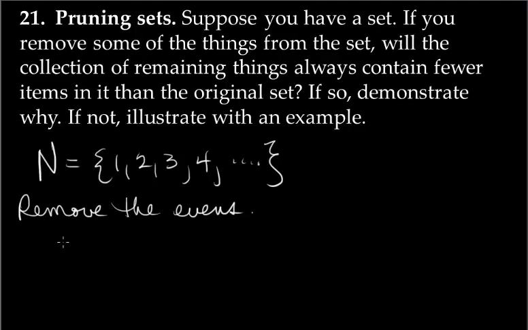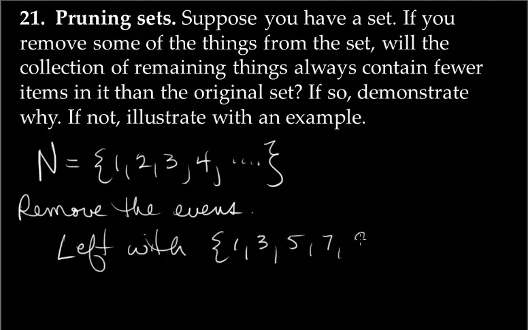And then what are we left with? Left with the set of odds: 1, 3, 5, 7, 9, and so on. So we took out actually infinitely many numbers. We took out all the evens and we're left with the odds.